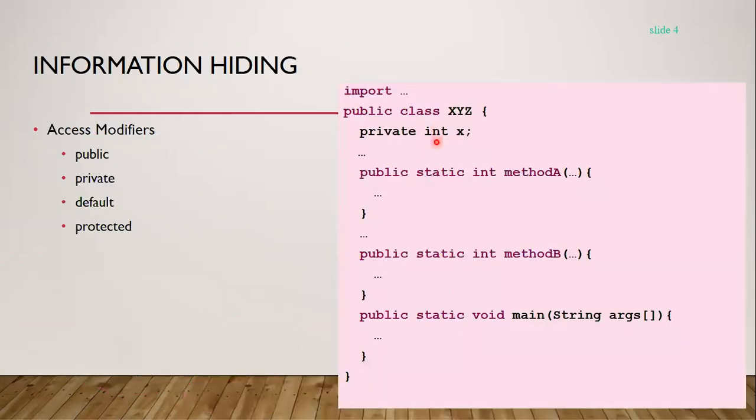For example, in this class, the X member is private, so this method should allow access to the X member. So information hiding is through these access modifiers. We restrict the information to the class itself, to the package, to the inheritance hierarchy, and this is to allow it everywhere.